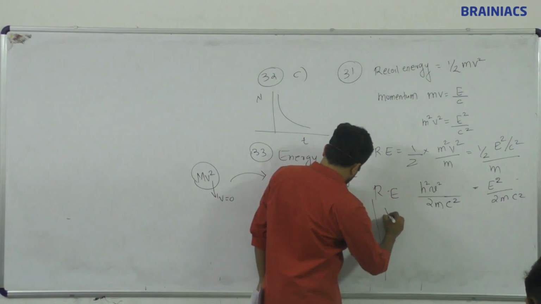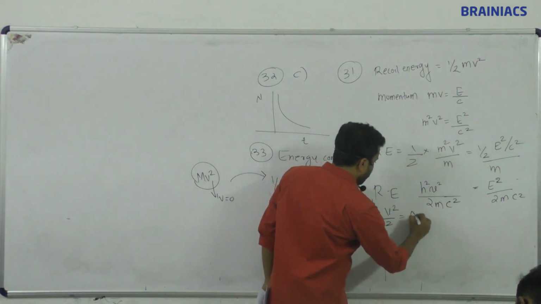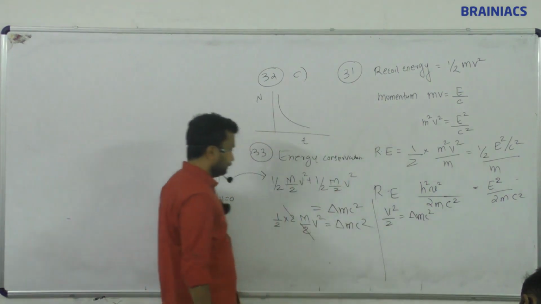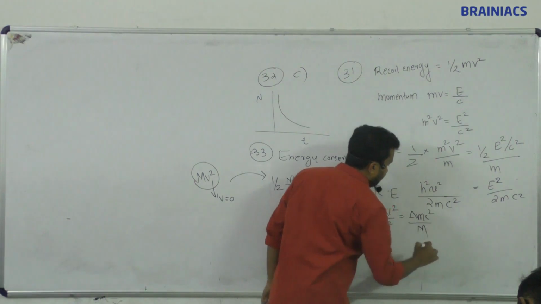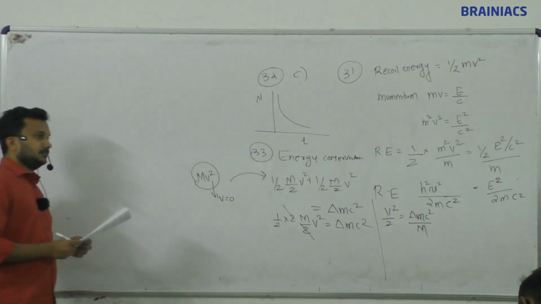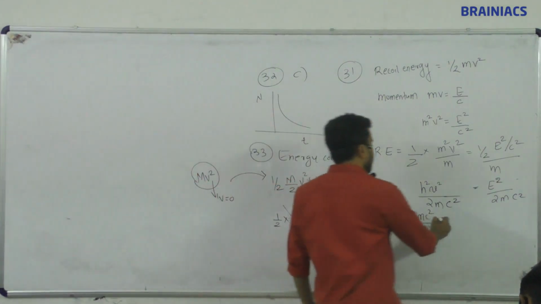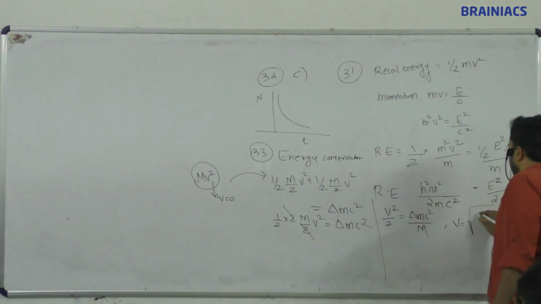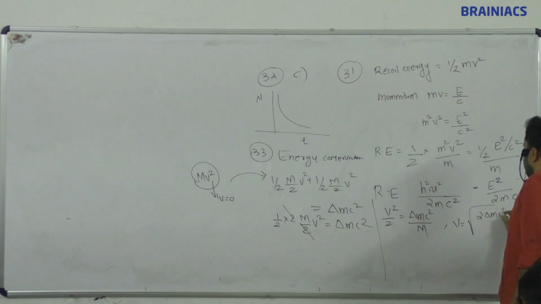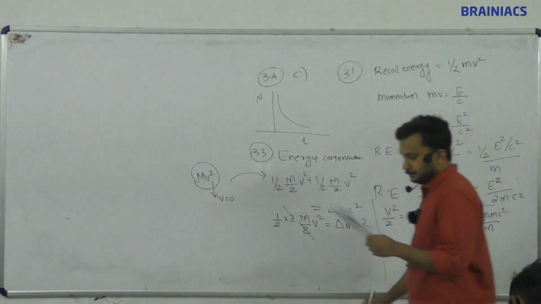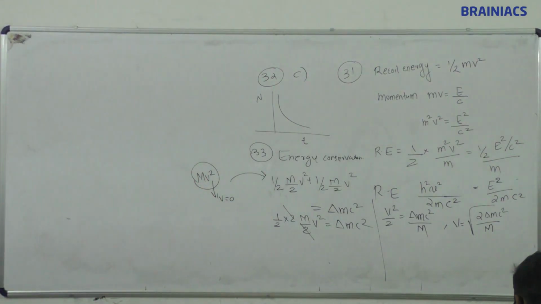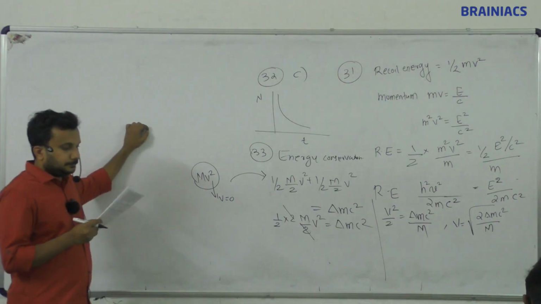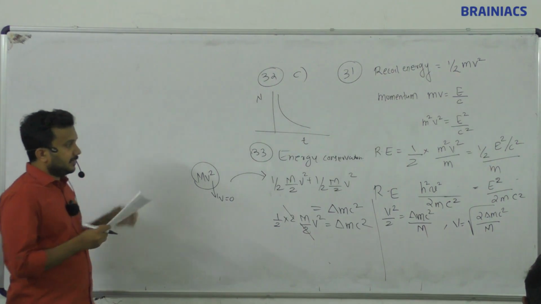So v square by 2 equals delta m c square, correct? v square by 2 equals delta m c square divided by capital M. So v is equal to root of 2 delta m c square divided by capital M. Now c can be taken outside. So c into root of that. Option B is the right answer.